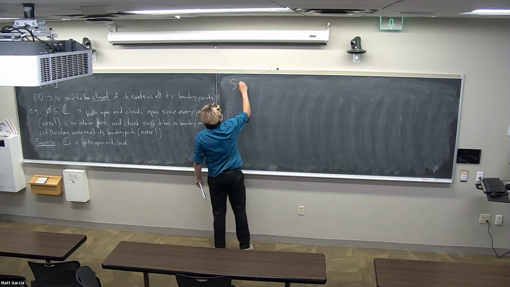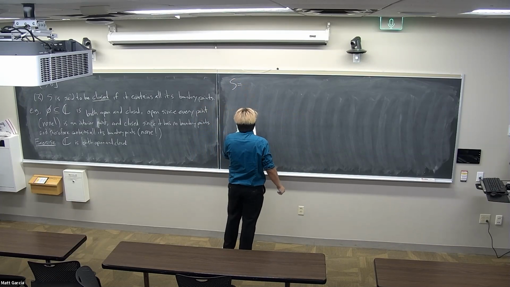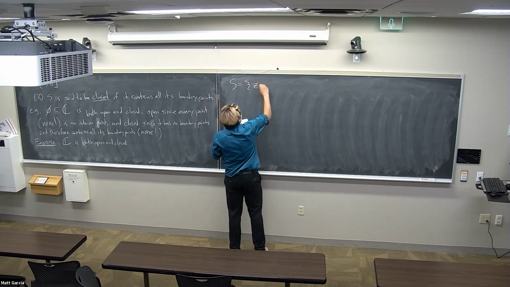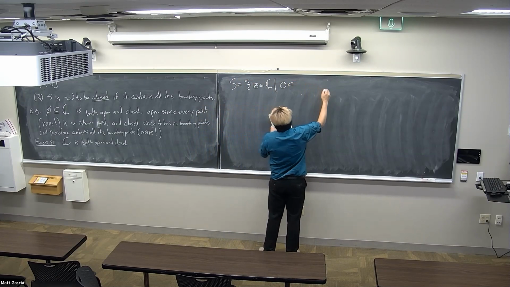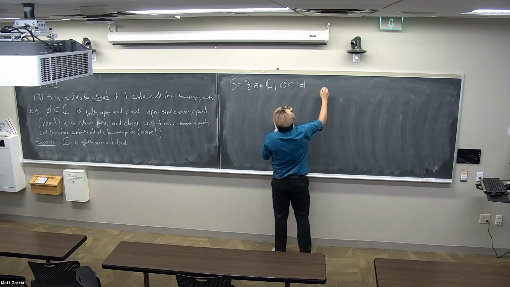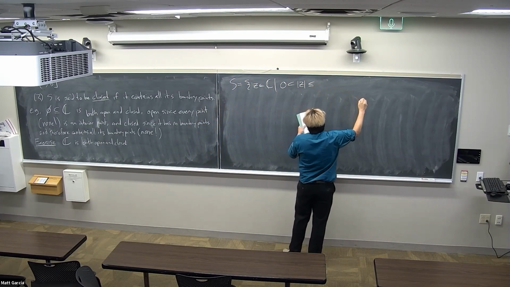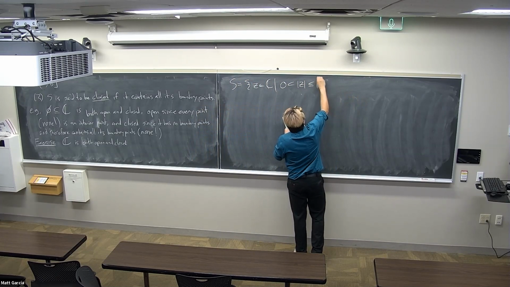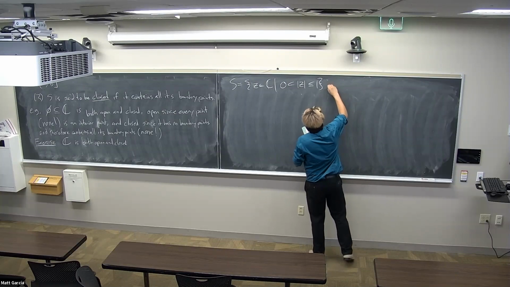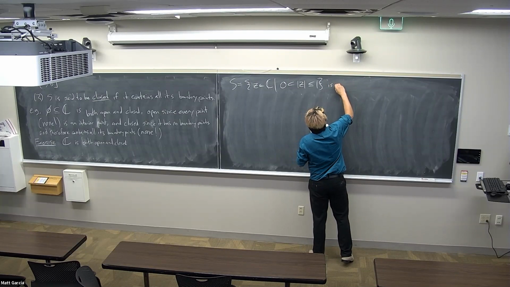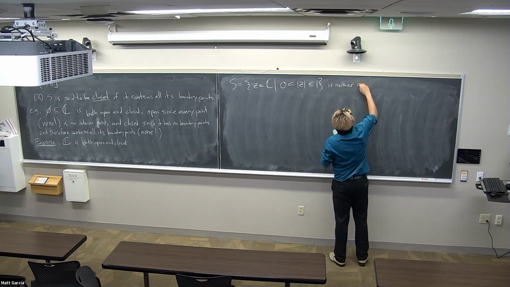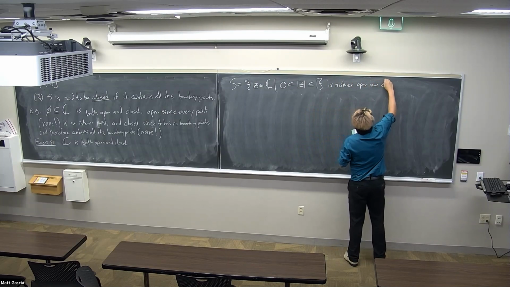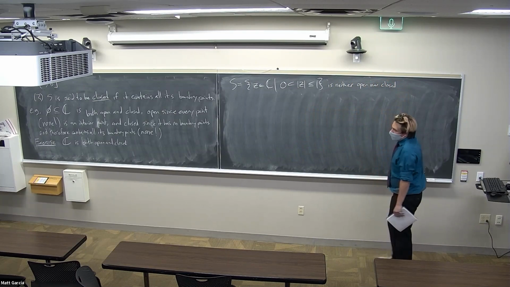So let's look at the set S, defined as the set of complex numbers z such that 0 is strictly less than the modulus of z, which is less than or equal to 1, is neither open nor closed. Why is this?